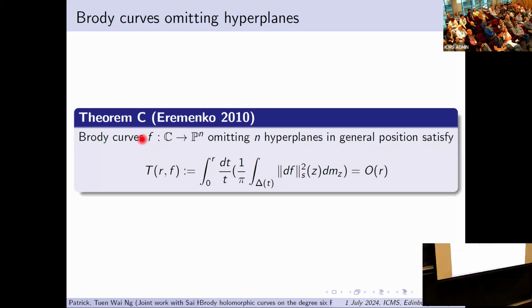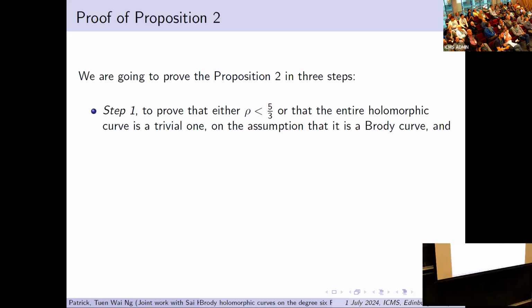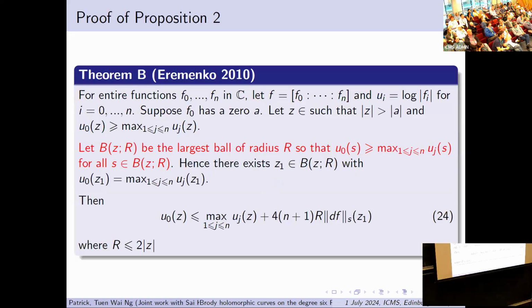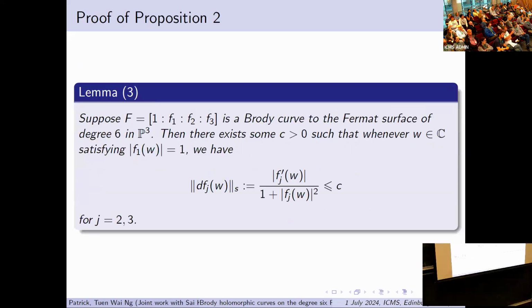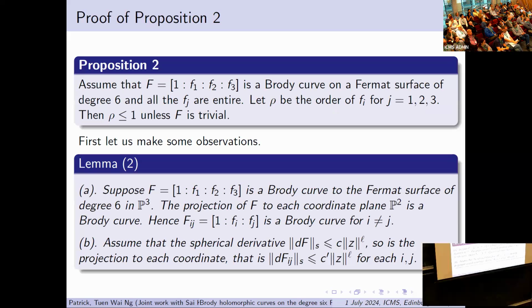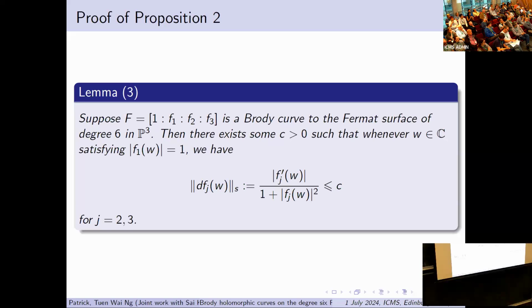You take a Brody curve omitting n hyperplanes in general position, and then he proved that the characteristic function of f is actually given by O(r). In order to prove this proposition, we are going to use some inductive argument.